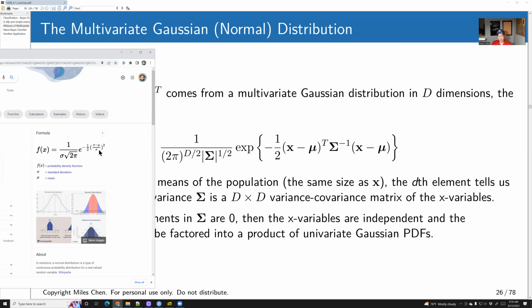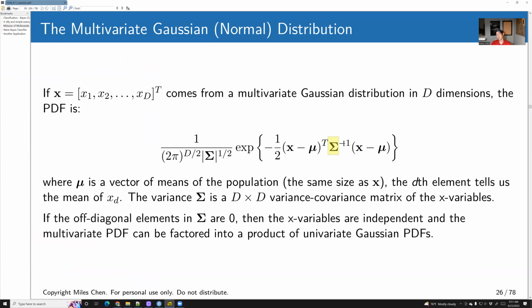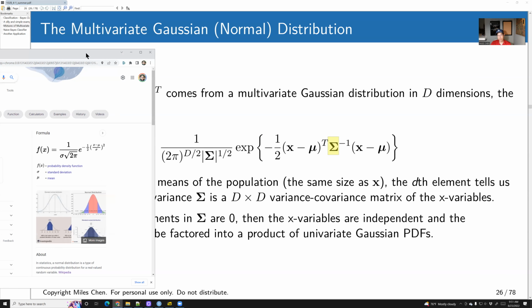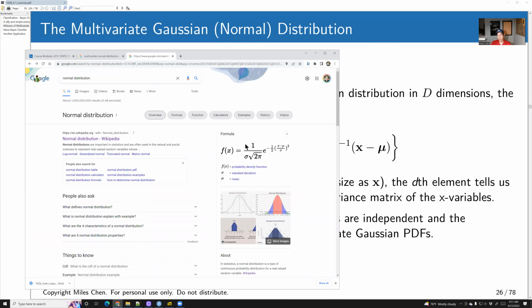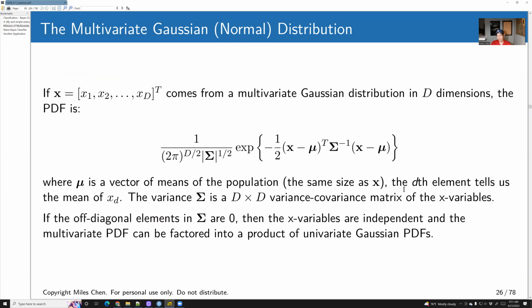And instead of dividing by the variance, sigma squared, there's no such thing as matrix division, so I'm going to multiply by the inverse of the sigma matrix. Okay, so lots of similarities. It's just expanding the normal distribution PDF into a multivariate form.